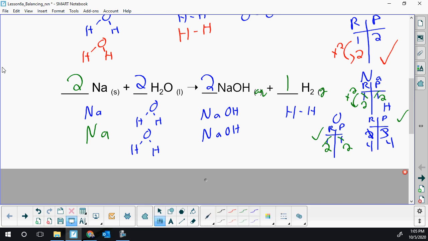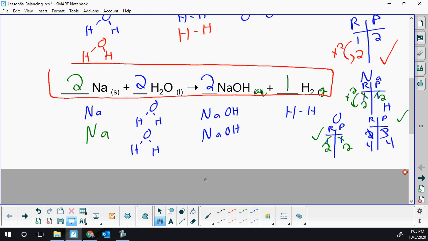For a test or quiz, the only thing you need to report is what's in this red box. That is the balanced equation from the skeleton to the balance. Okay. You may do a little count of right and left like I did here. Okay. You may draw it out.